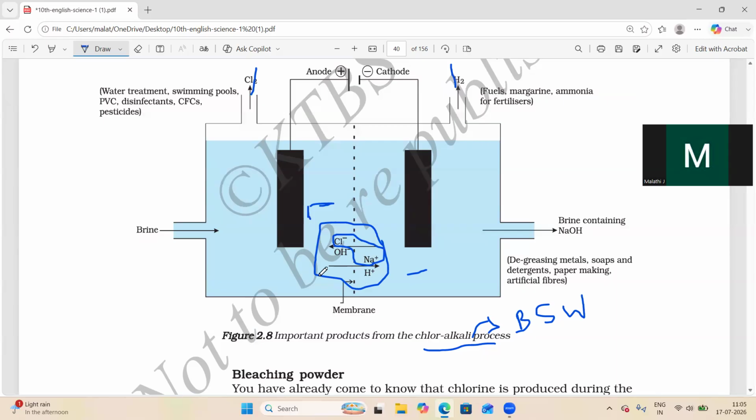So the positive ions, Na plus and H plus, move towards the cathode. Then the negative ions, Cl minus and OH minus, these two ions will move towards the anode.